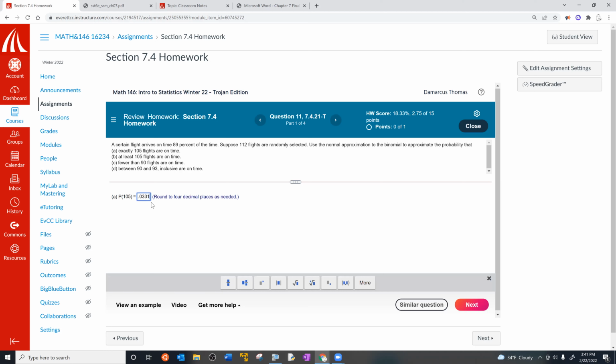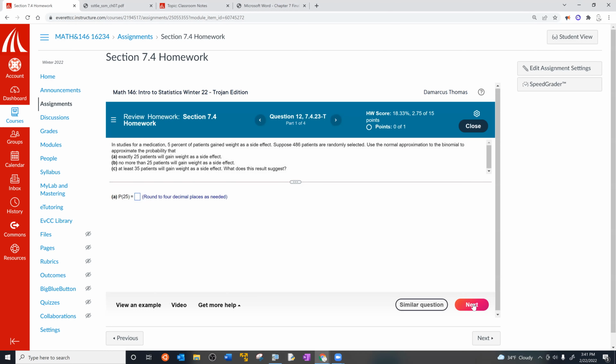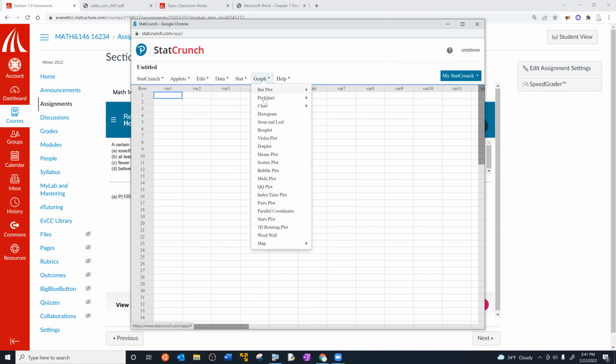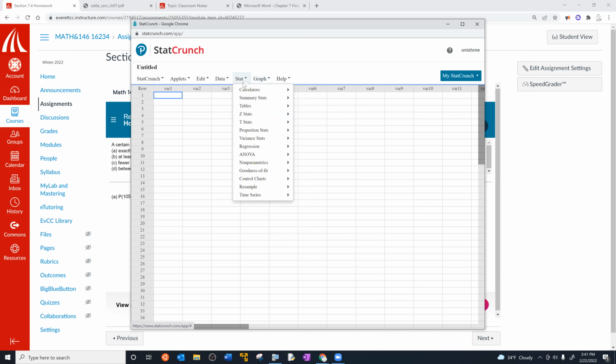Yeah, it didn't give me the exact amount there. Wait, why did I go next? I don't want to go next there. All right, let's see if we can find the StatCrunch, the normal value there. We should be able to though. So it's kind of puzzling why the normal didn't give us the exact normal value there.